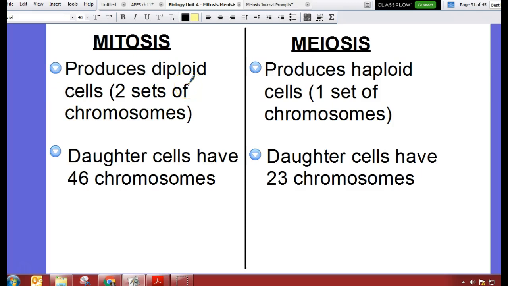So the cells have 46 chromosomes in mitosis because they're exact copies, and in meiosis they only have 23.